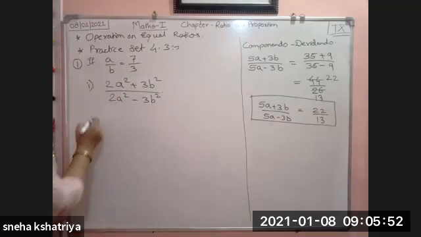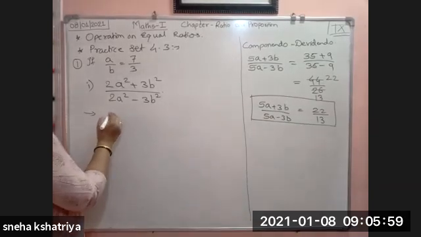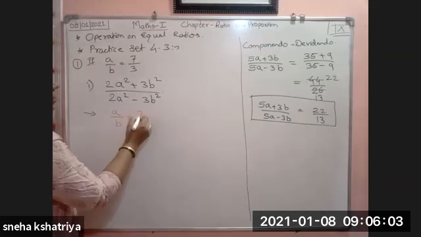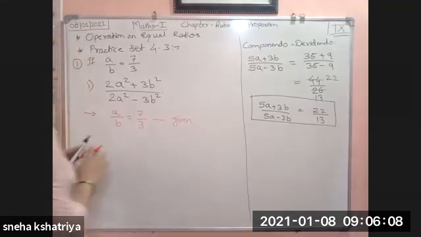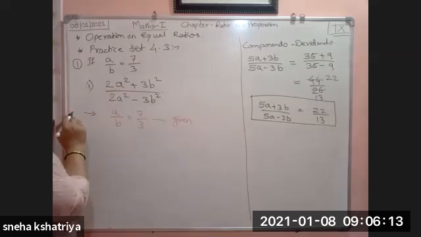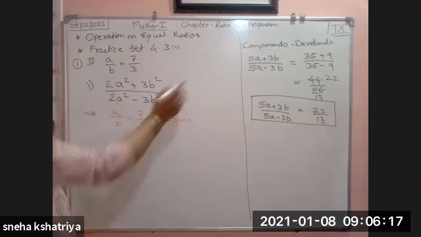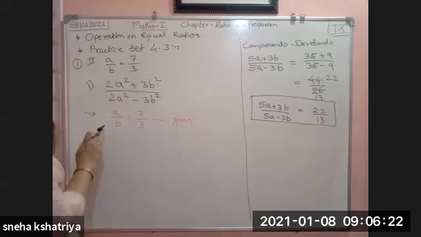Okay. So first of all, what did we do in the last example? What is given to us is a upon b is equal to 7 upon 3. Now see here, a square and b square are there. In the last example there were directly a and b, but here square terms are there, so first we have to square both sides.